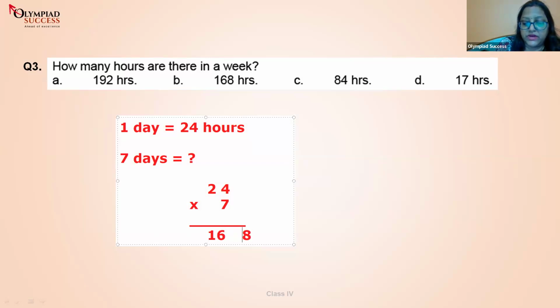So you're getting 168. Okay, so this is hours. 168 hours we have in 1 week. Is that clear? You will be given multiple choice questions. Out of the 4 options, you will have only one option as the correct one. Okay?